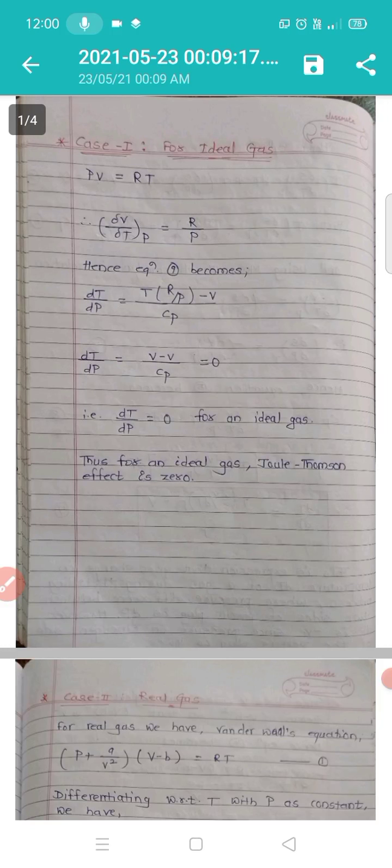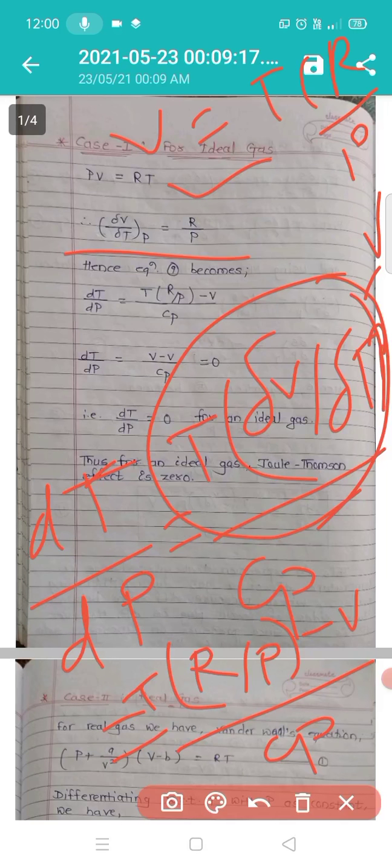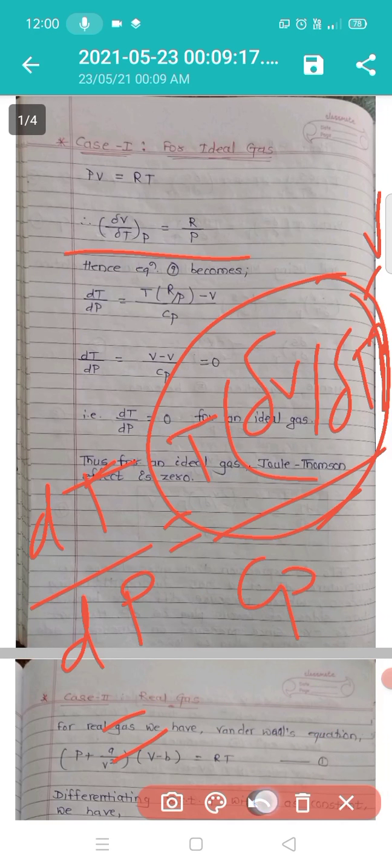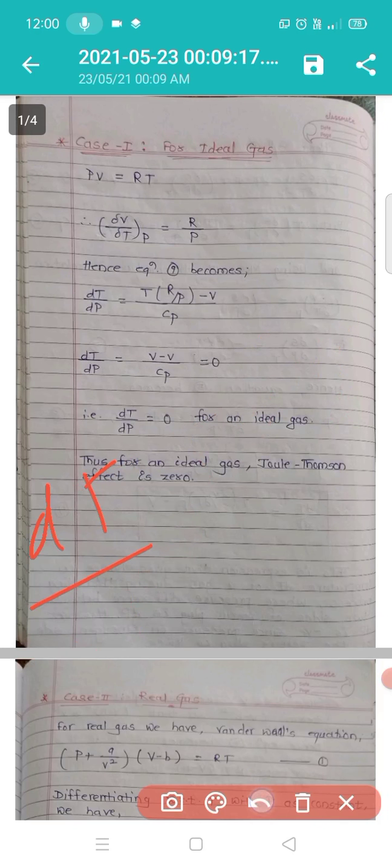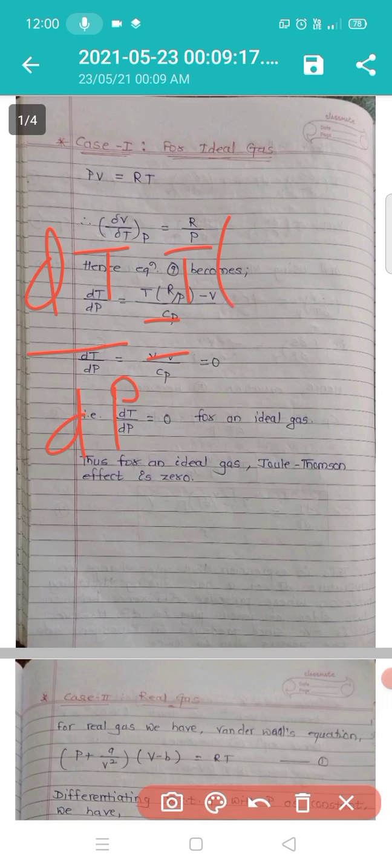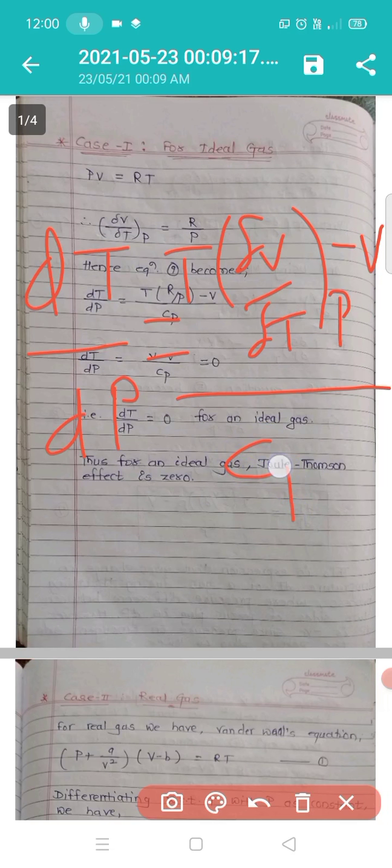Then we derived one equation in the Joule-Thomson effect, that is given as dT/dP = [T (∂V/∂T) at constant P − V] / Cp.